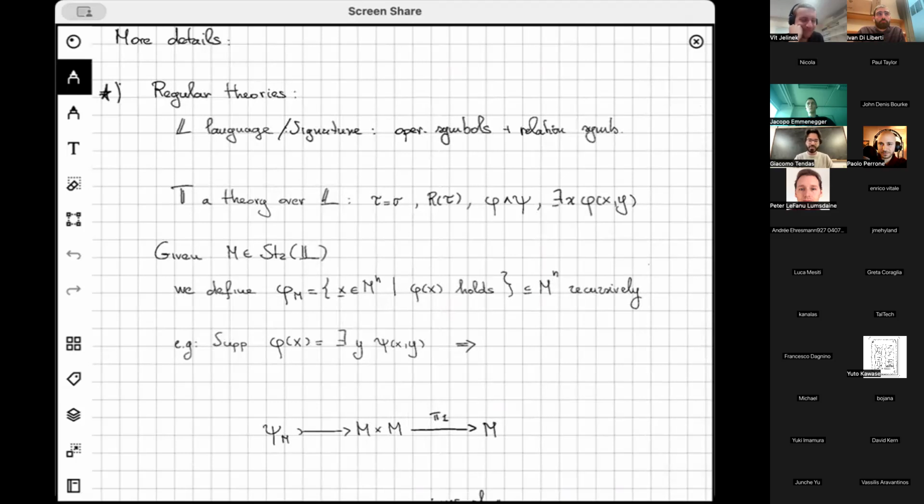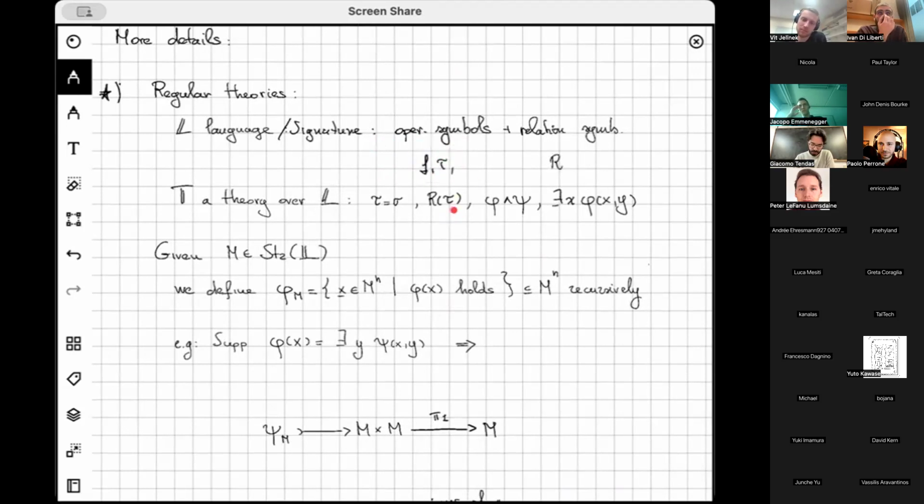A language, let's just fix notation, also called a signature, you can think of just as a set of two kinds of things: operation symbols, usually denoted with F or tau, depending on your alphabet, and relation symbols. Each of these comes with an arity, which is a natural number that tells you how to interpret it.